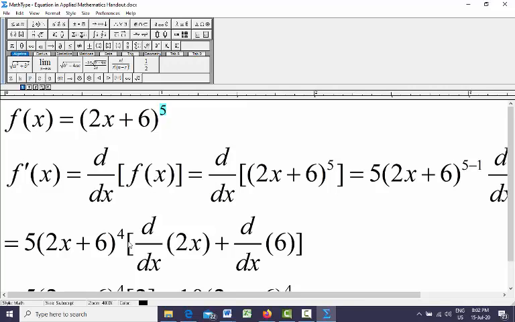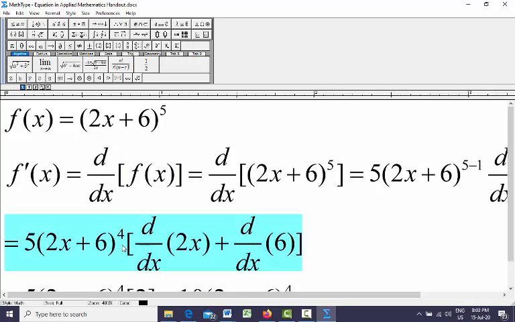When you do that, you bring the power first, and then the power is reduced by 1. We have power 5, and if you deduct 1 from 5, we get 4.